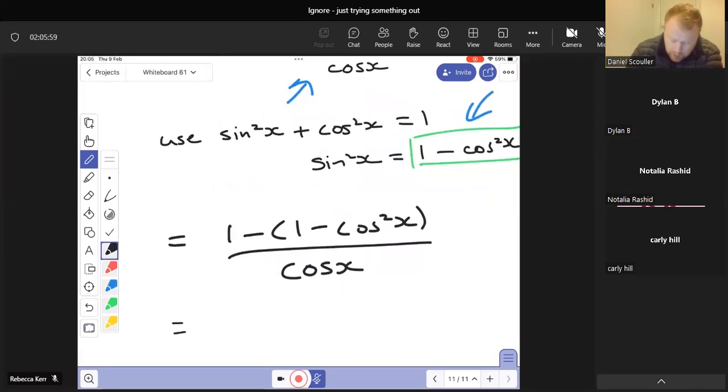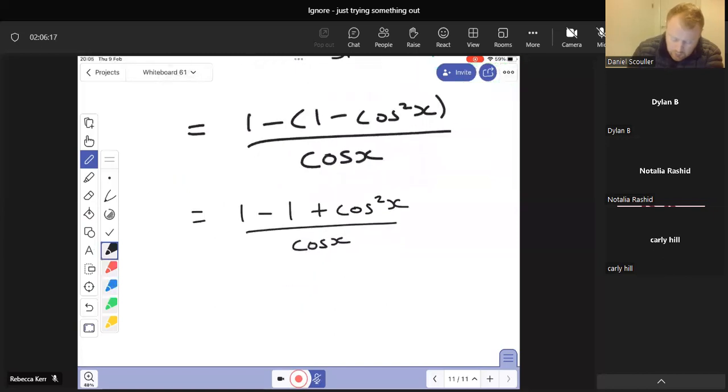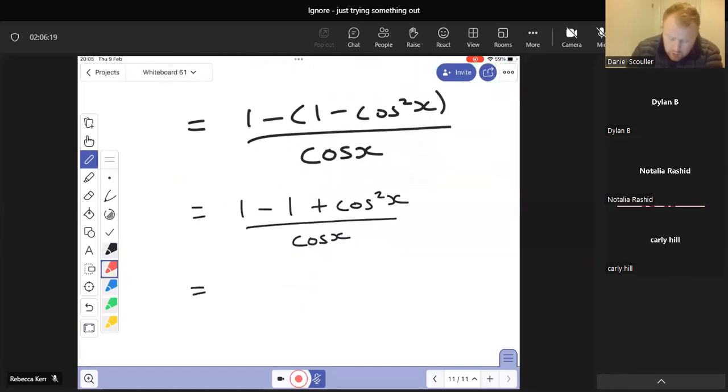So I've put that 1 minus cos squared x into a bracket there. Now, if I break that bracket, I've got 1 minus 1, and that's going to be plus cos squared x over cos x. Those ones rule each other out, so 1 minus 1 is 0. So they disappear, and I'm just left with cos squared x over cos x.